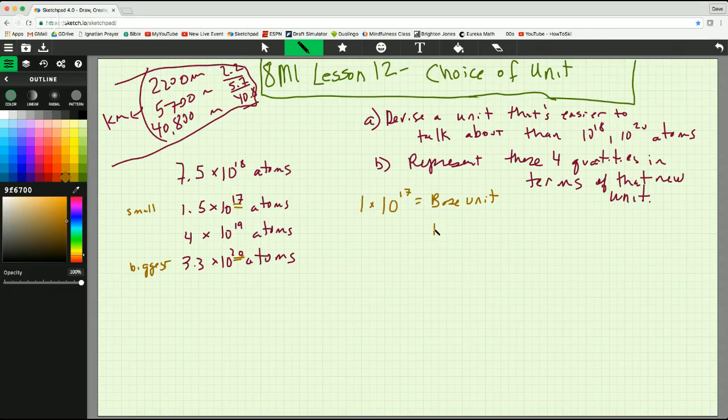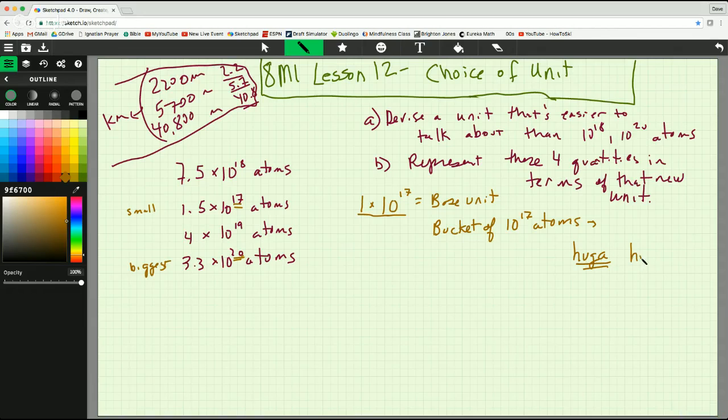So a bucket of 10 to the 17th atoms is going to be called one of these units. Let's call this base unit, that's 1 times 10 to the 17th atoms, a huga, because it's huge.